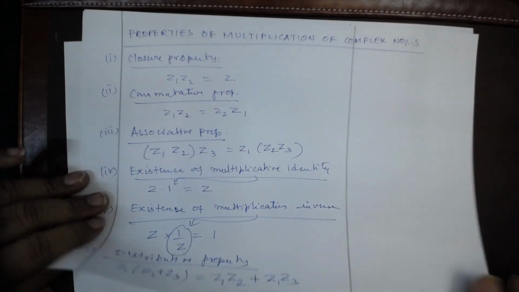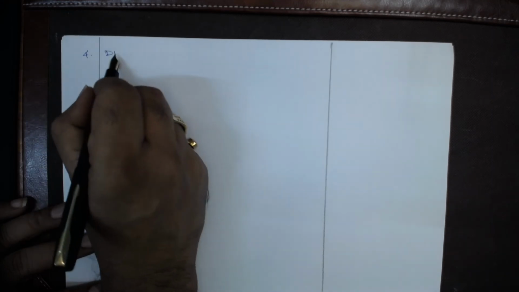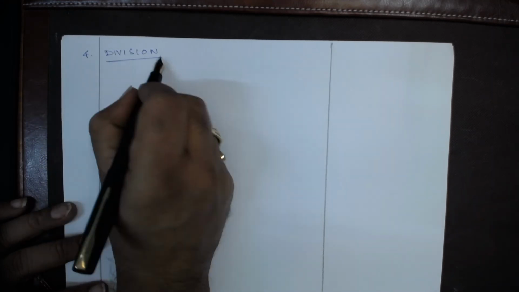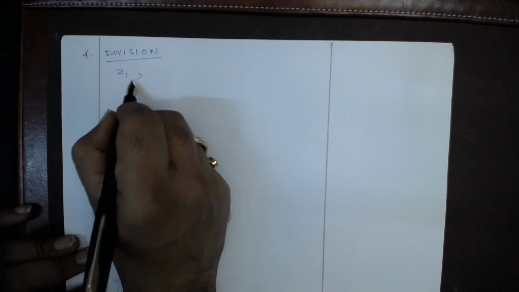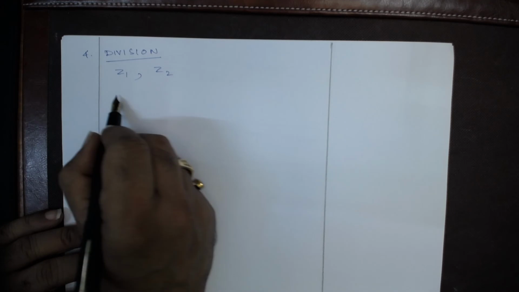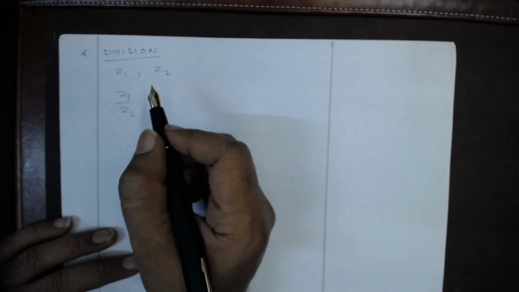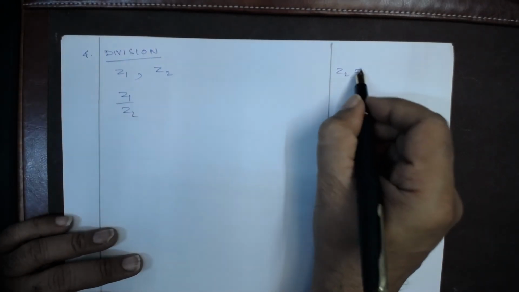Now let us proceed with the division of complex numbers. Let us have z1 a complex number, another complex number z2. The quotient z1 by z2, where z1 is the numerator, z2 is the denominator. Normally z2 should not be equal to 0 in this case.